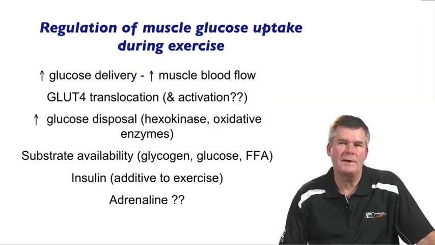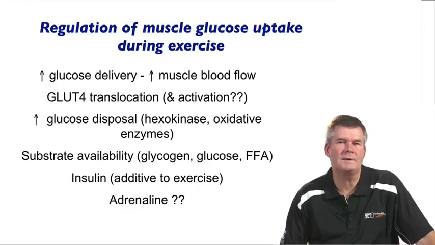If we look at the regulation of muscle glucose uptake during exercise, we see that those three processes that I've just mentioned are increased. There's an increase in glucose delivery because of the increase in muscle blood flow. The GLUT4 transport protein, which normally resides inside the muscle cell, moves quickly to the plasma membrane where it becomes a functioning glucose transporter.